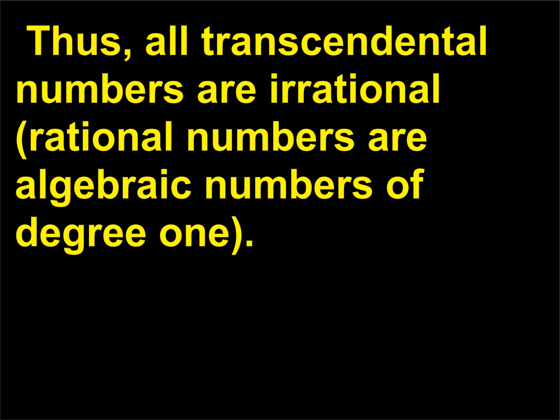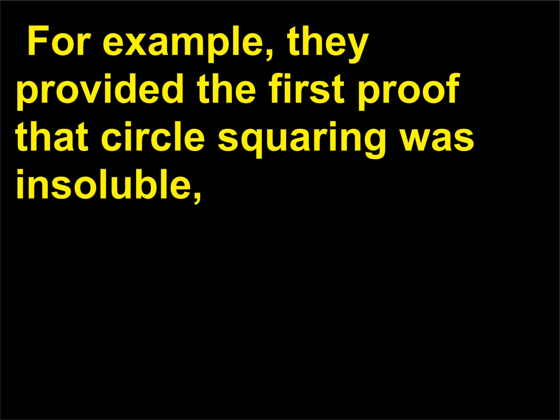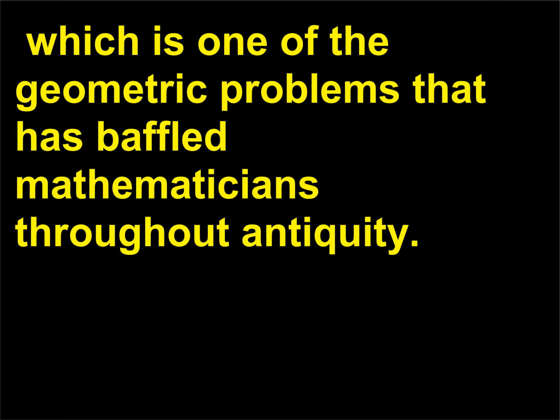Rational numbers are algebraic numbers of degree 1. The importance of such numbers translates through more than 2 millennia of history. For example, they provided the first proof that circle squaring was insoluble, which is one of the geometric problems that has baffled mathematicians throughout antiquity.